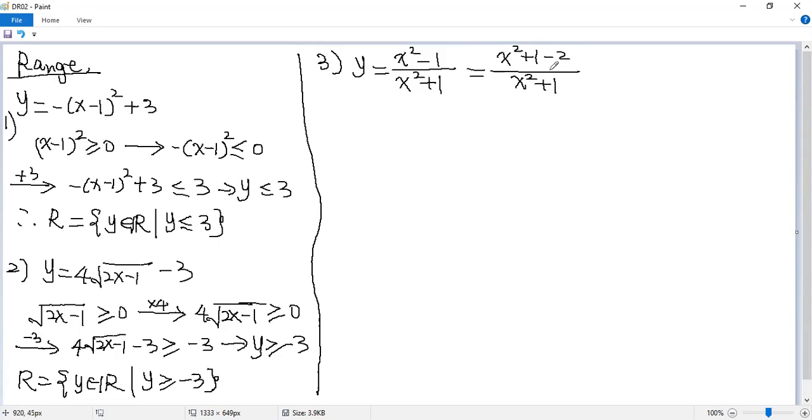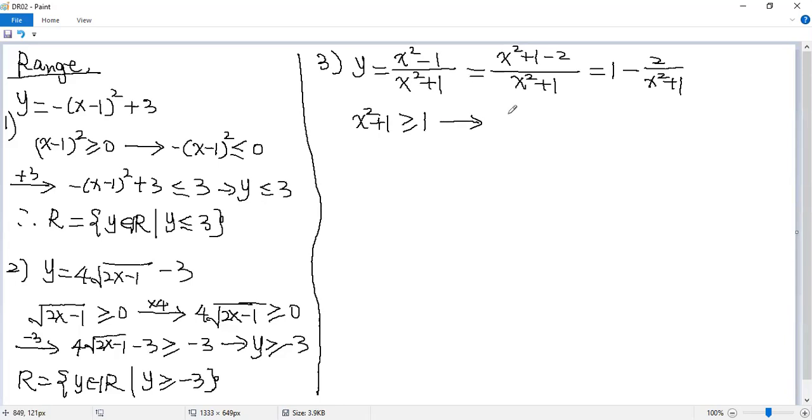And then I write it as two fractions. So (x squared plus 1) over (x squared plus 1) equals 1, and minus 2 over (x squared plus 1). We know x squared plus 1 is greater than or equal to 1.